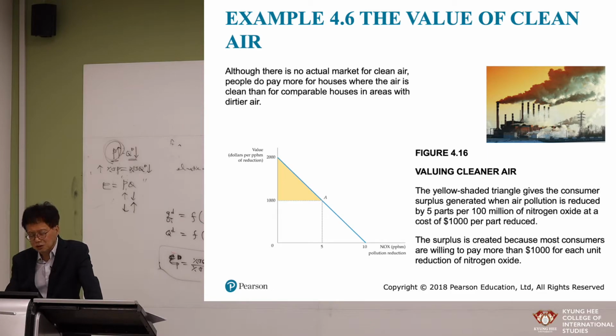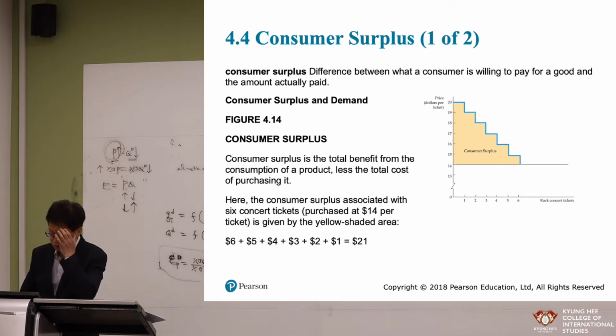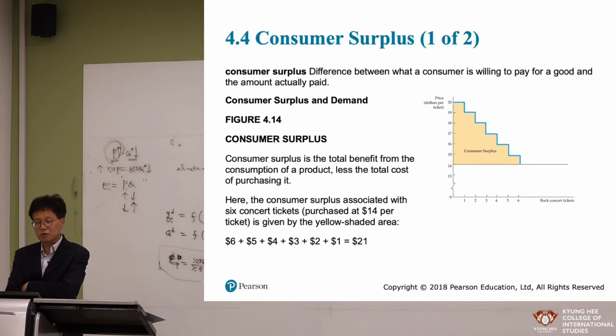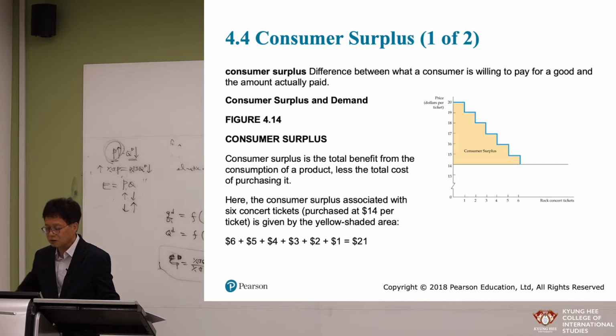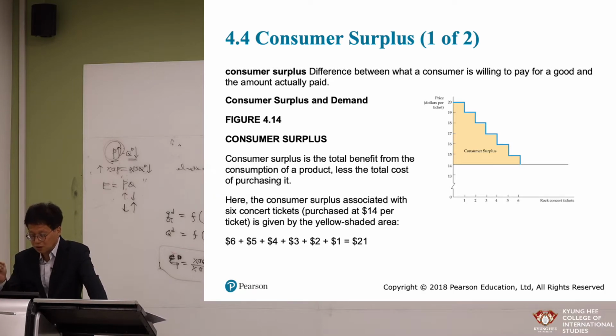So I'd like to explain consumer surplus using a beer drinking example, right? Now think about lots of consumers instead of one. The price of beer is $14, but there are some 100 consumers who want to purchase beer, and these 100 guys have different marginal utility from drinking beer.